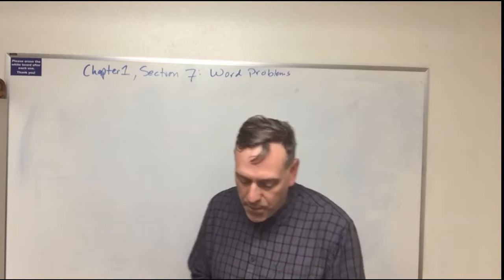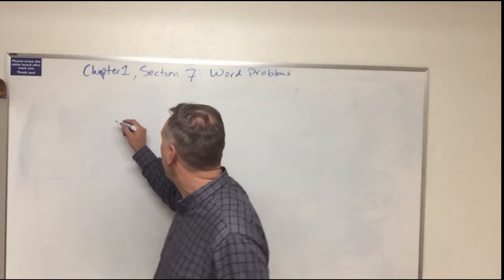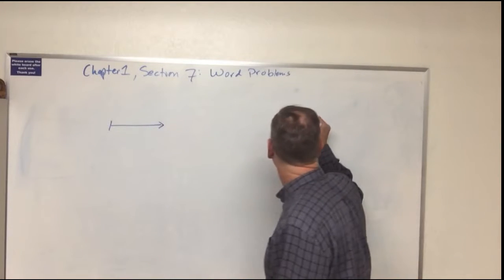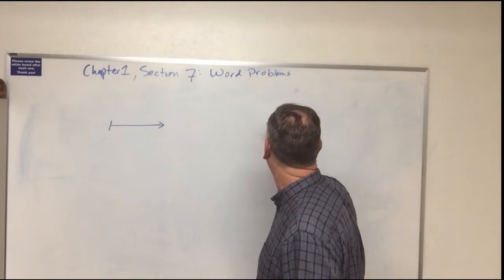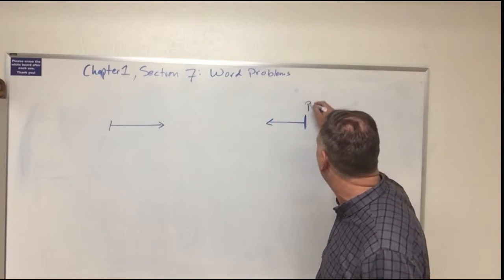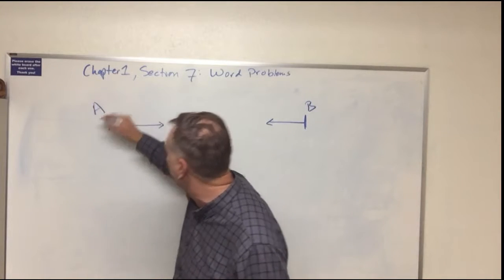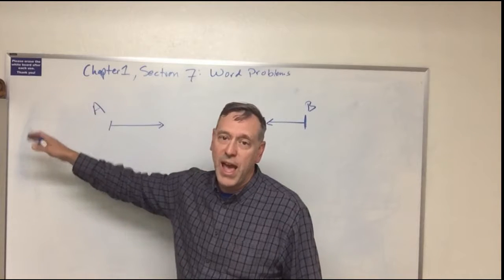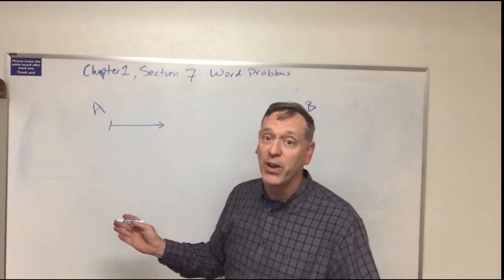And we have here as a sample problem a car traveling from one city to another, and another car traveling in the opposite direction from city B. So this one is going from city A to city B, and this one is going from city B towards city A. The cities are irrelevant, of course.